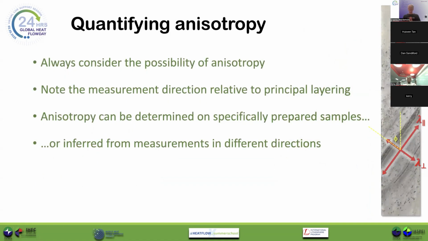So for quantifying anisotropy, it is up to 25 now. People are slowly creeping in. Sorry, David, I'm a very important visitor.